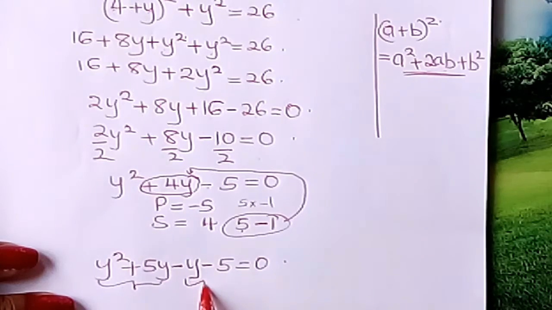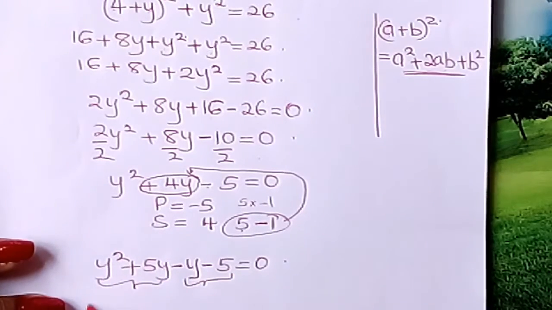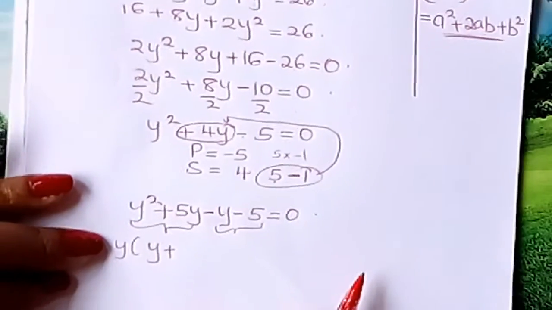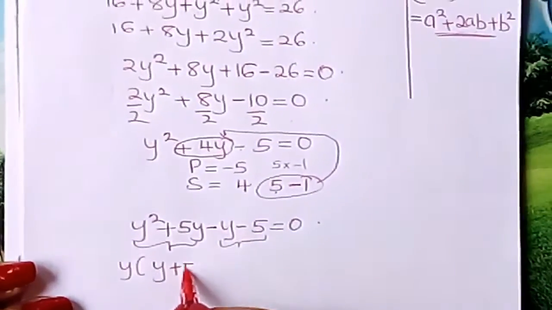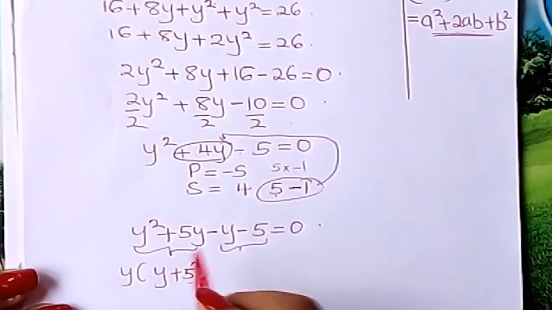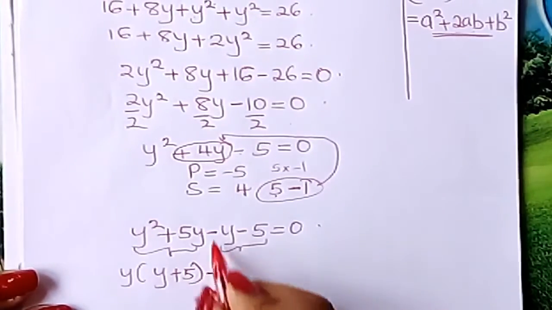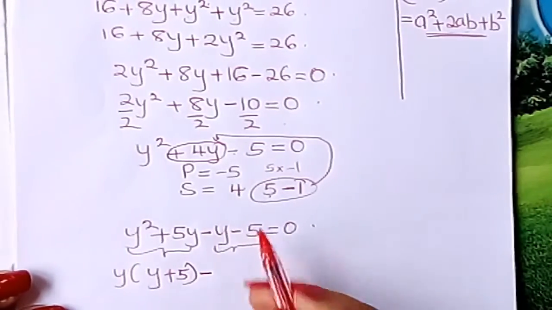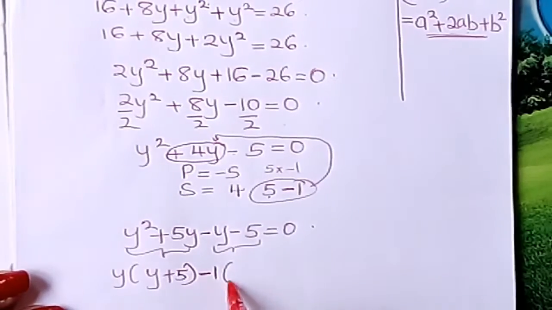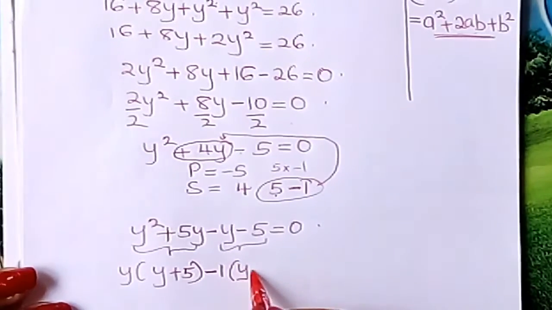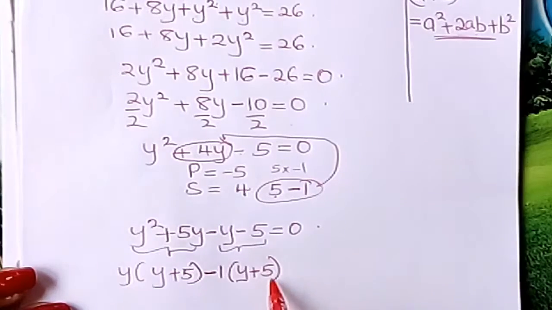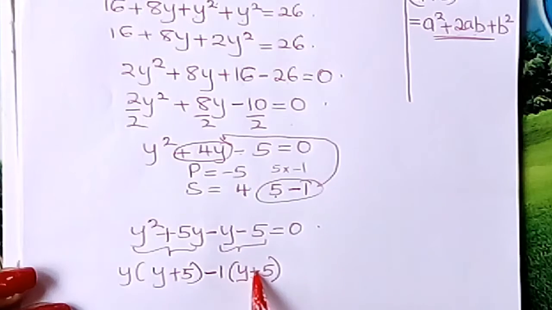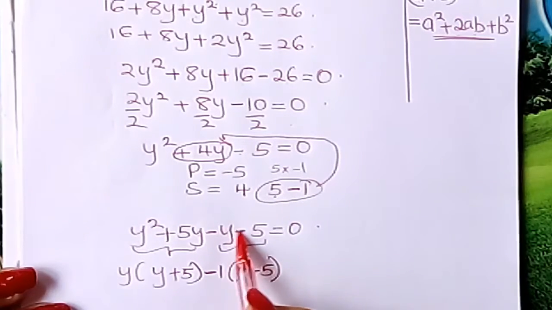Group this, make 2 groups like that. Factor out y from the first group: y times (y plus 5). Then you put a minus in front of the second group, don't omit it. Y and 5, what is common? It's just 1. And therefore inside the bracket you'll be left with y plus 5. Take care of this, you don't write minus here. If you wrote minus, you'd say minus times minus is plus, yet the sign is minus.